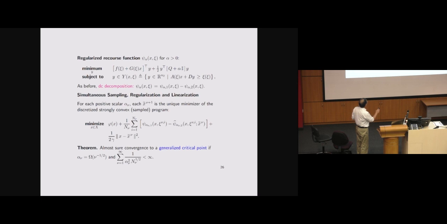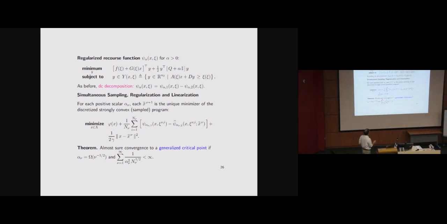alpha here, this is proximal. This is different. This is a proximal step, but this is a regularization step of turning Q into a positive definite matrix, and then you can prove almost sure convergence to a generalized critical point. Under this condition, the regularization step has to grow at least as the square root of the number of samples, and then you have this condition that connects the regularization parameter with the samples.